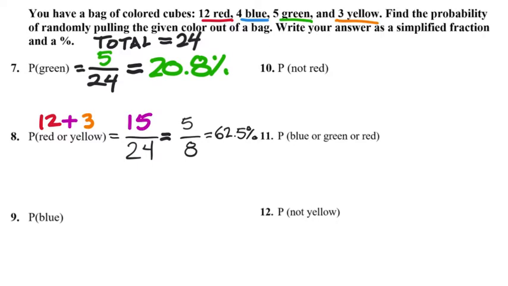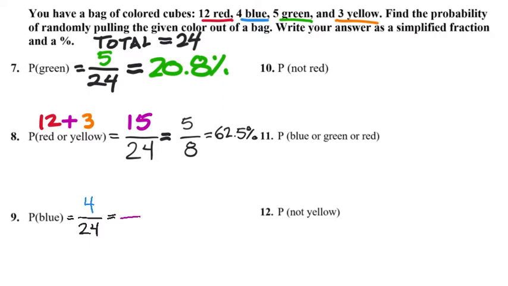Well then, what's the probability of blue on number 9? So again, we got 24 total cubes on this one. And as much as we would want this probability to be 0, I see that there are 4 blue colored cubes in this bag. So we'll make this 4 out of 24. And yes, once again, this can be simplified. 4 and 24 are both divisible by 4, as it turns out.